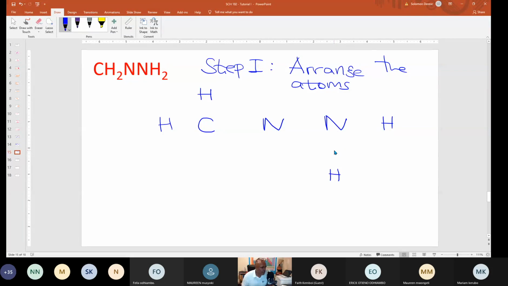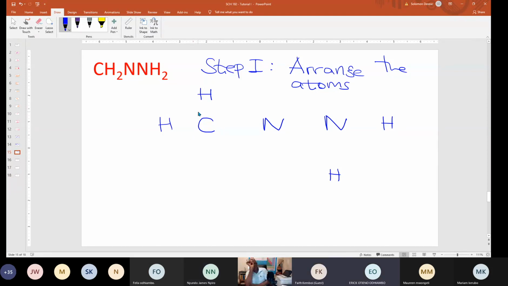If you look, the hydrogens are on the outside. As you can see, the hydrogens, the way they are written, can only form one bond, isn't it? Hydrogen forms one bond. If you look at the carbon, by how many atoms is this carbon surrounded? Three. Carbon normally is surrounded by four.